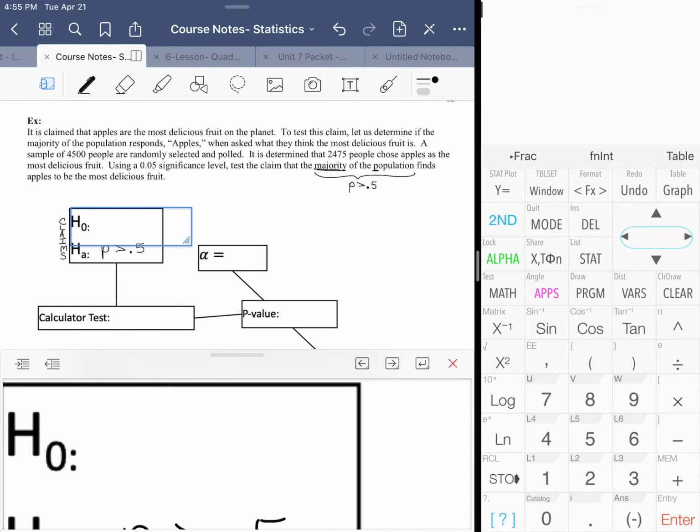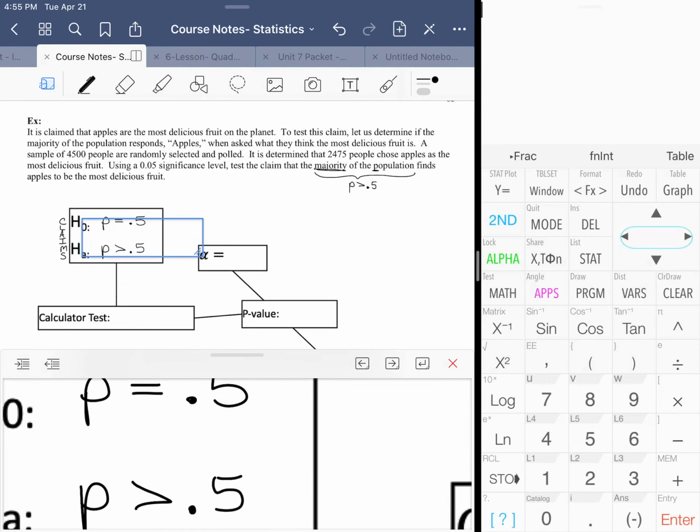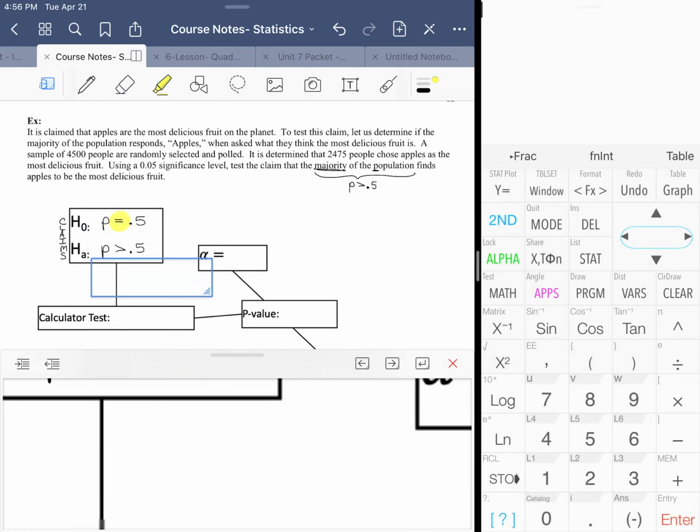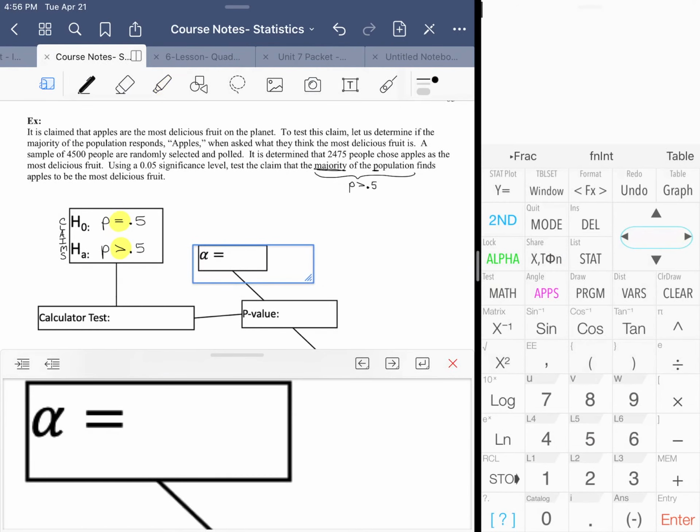The null hypothesis is going to be the same expression, same ingredients, but a different equality or inequality. In this case, it's going to be p equals 0.5. The only thing that differs is one has an equal sign, one has a greater than symbol.